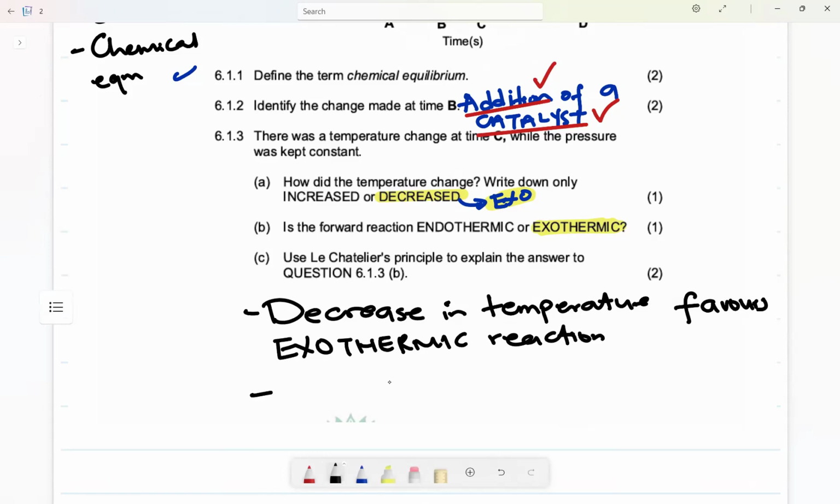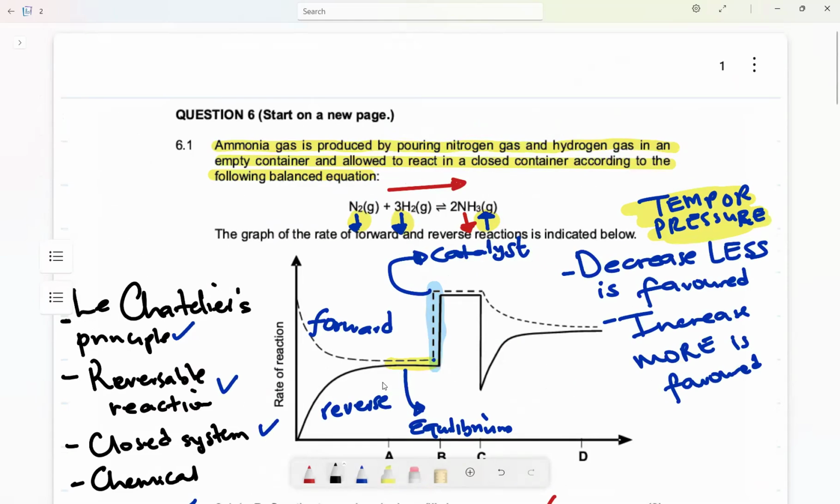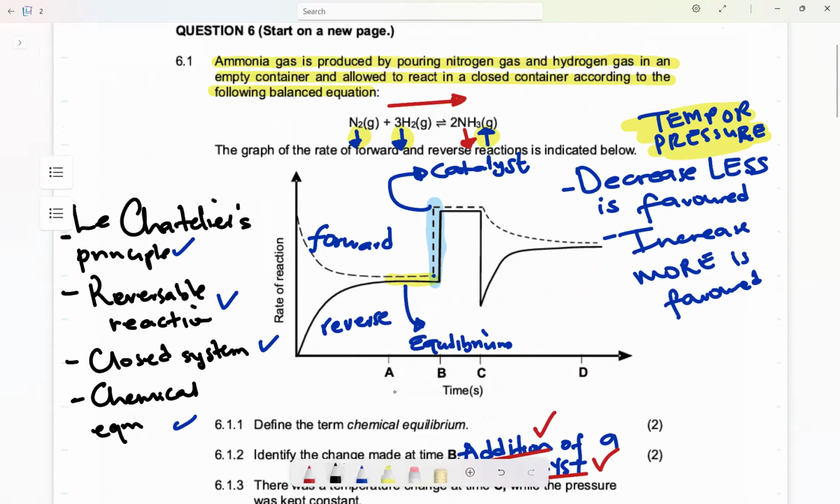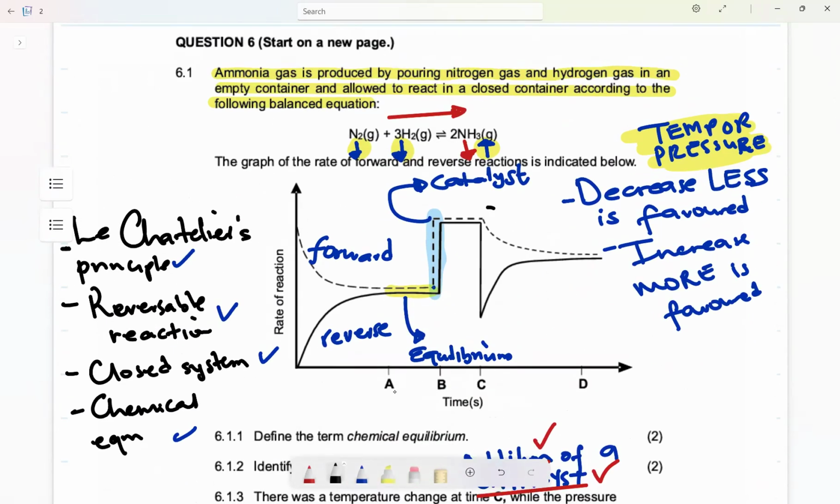Then what happened? What did we see from the graph? Which one was favored here? Because I said the one that decreases less is favored, but the one that increases more is favored. In this case, we are dealing with a decrease. So which one decreased less? The one that decreased less is the forward reaction.